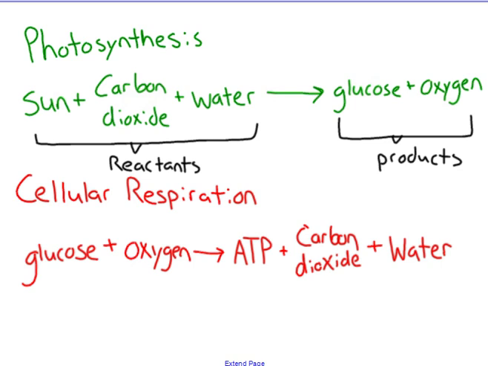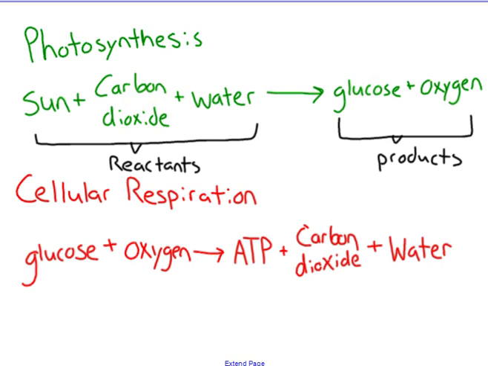So in the equation for photosynthesis, you have sun plus carbon dioxide plus water. Those are the things that are going to go into photosynthesis, and what comes out is glucose, chemical energy, and oxygen. Plants give us oxygen. It's a very beautiful thing.